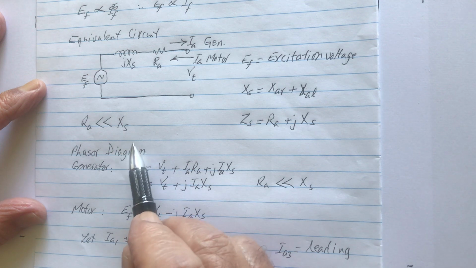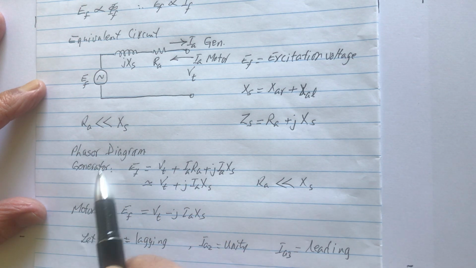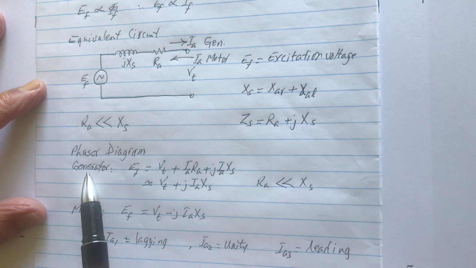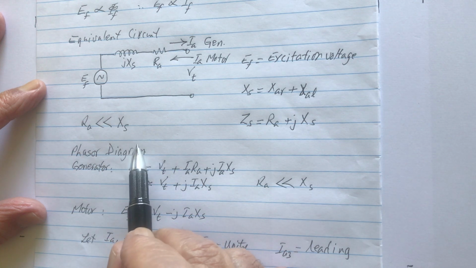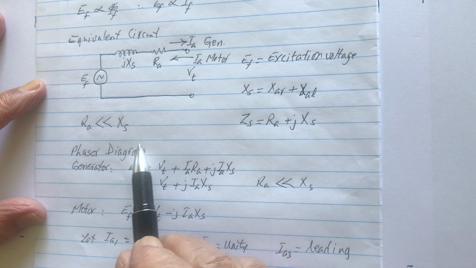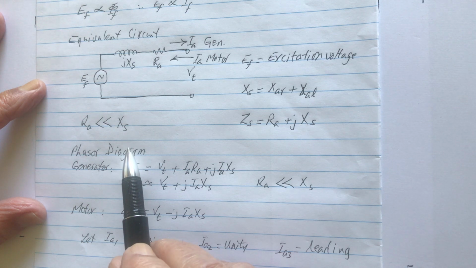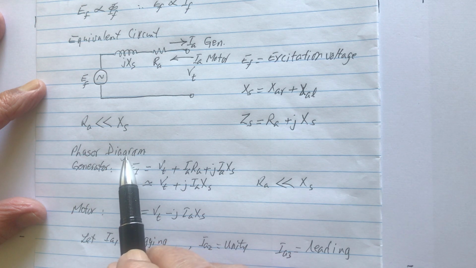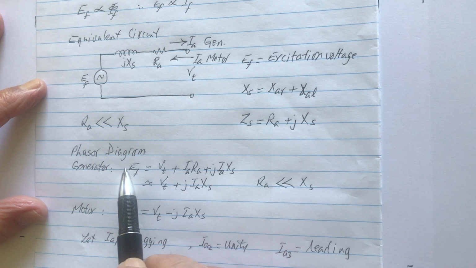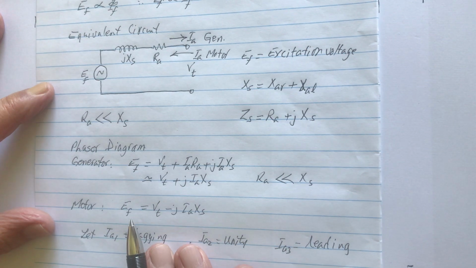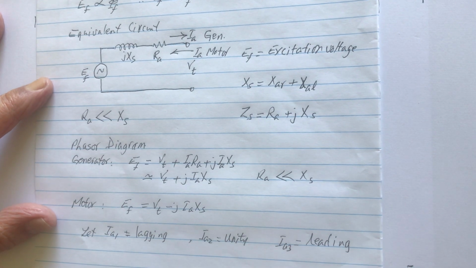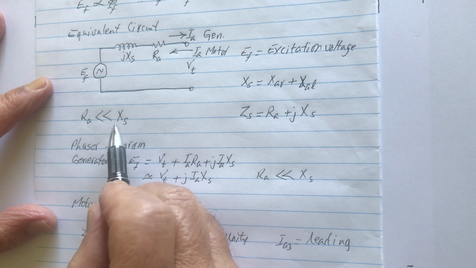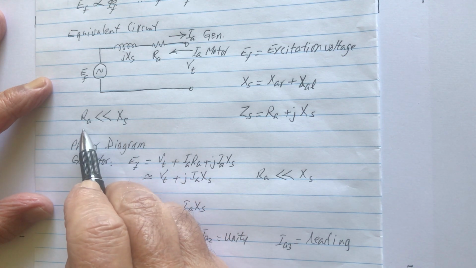For large machines, for example, generators in power stations or big synchronous motors, you're talking about powers in thousands of megawatts, or hundreds of kilowatts for motors, XS could reach almost 100 or 120 times RA.